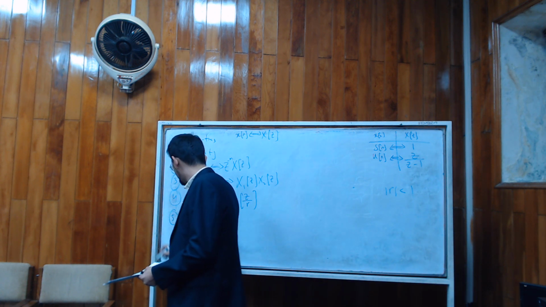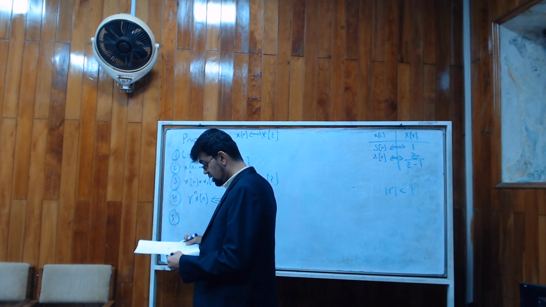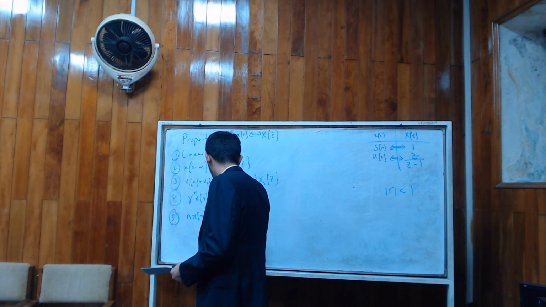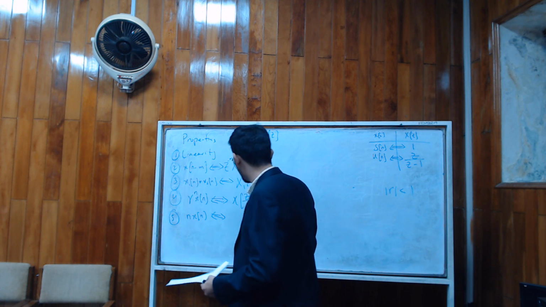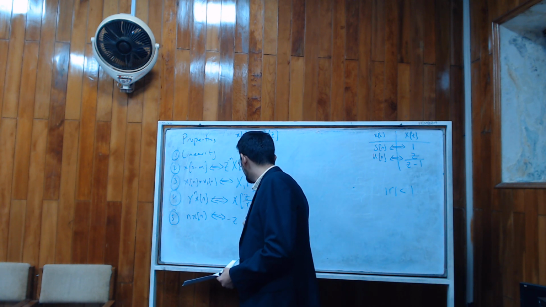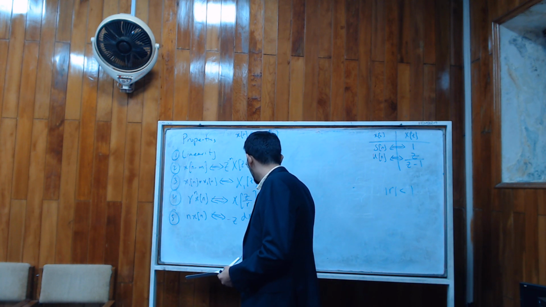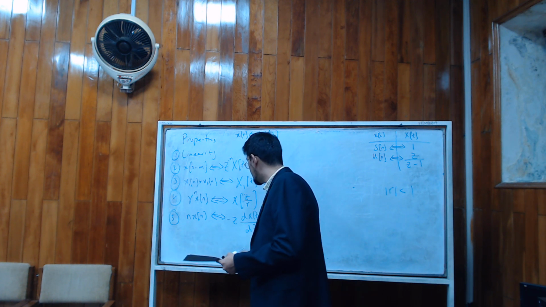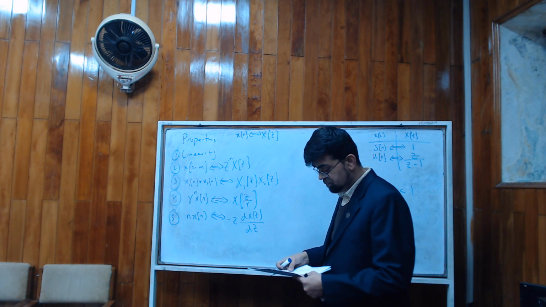Fifth, multiplication by n, n x[n]. What did that lead to? Something very interesting. It led to a derivative in the Z domain, and multiplied by z also.